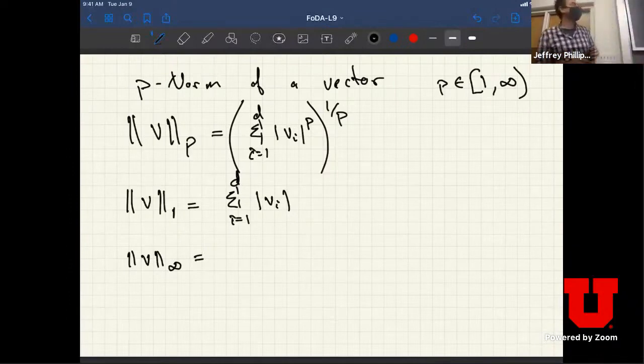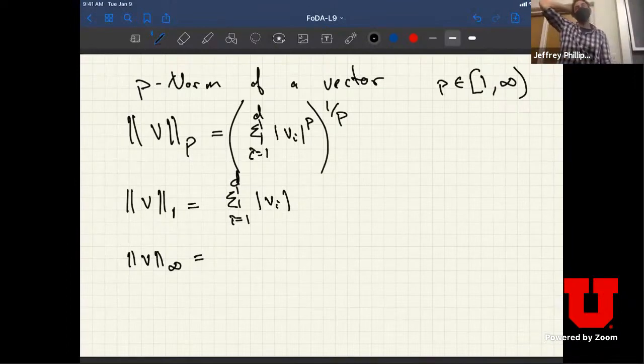What happens if I take P to infinity? I'm going to sum up all the terms, take them to a really, really big power, but then take the root of that power.